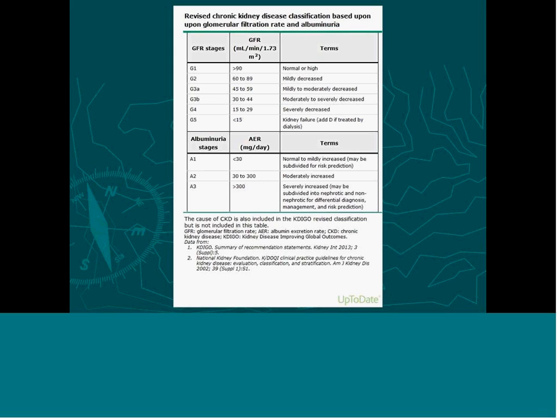If you have less than 30 milligrams of albumin excretion, then A1. Stage A2 is between 30 and 300, and stage A3 is more than 300 milligrams. So this is relatively new, where they have also staged albuminuria.